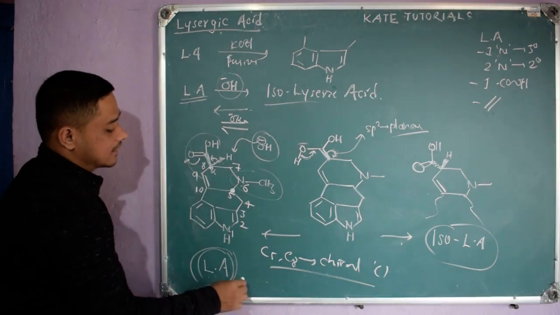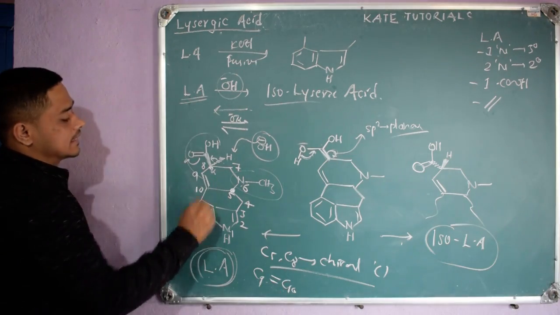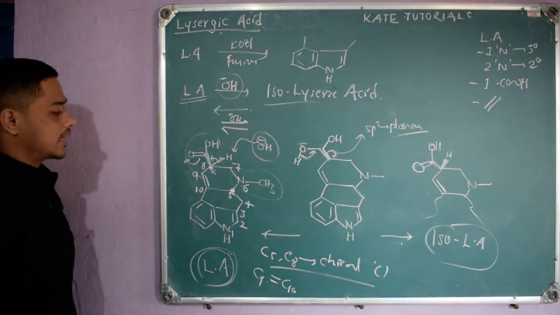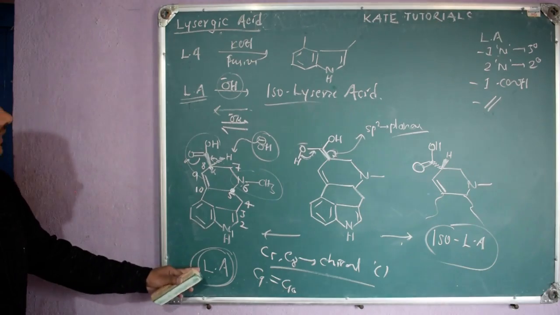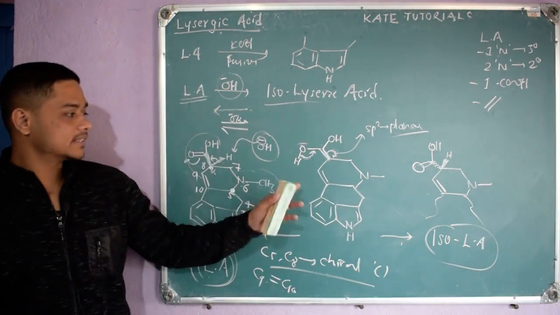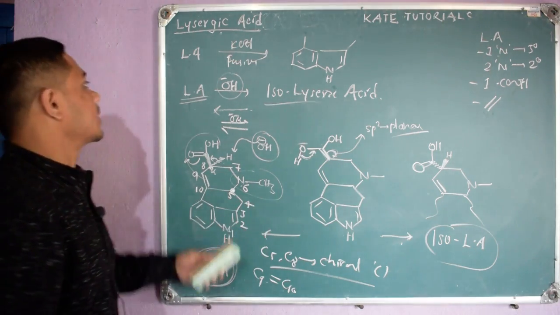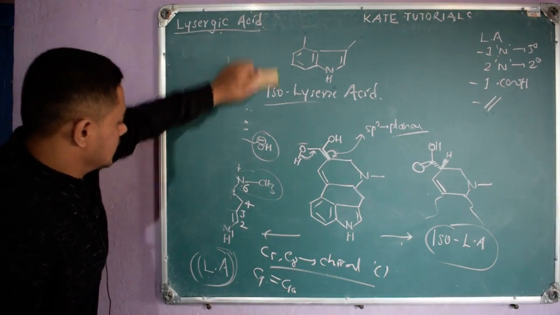And at C9 and C10 we have a double bond like this, which is in conjugation with this. So this is the structure of lysergic acid and this is the structure of isolysergic acid. In presence of base, this reaction happens. These things they will ask in the exam, so please remember them.